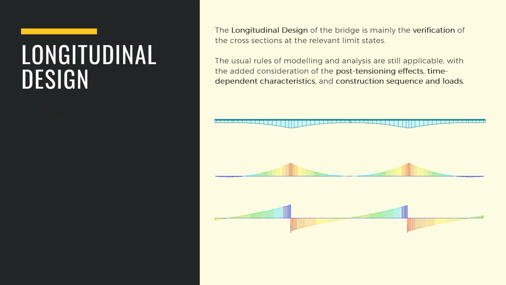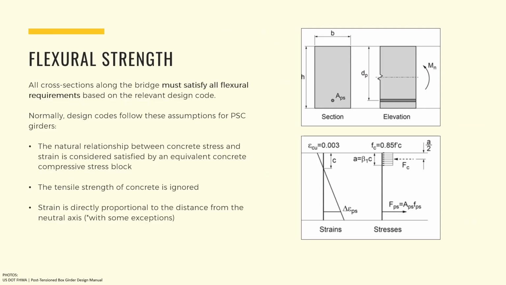Next, the longitudinal design of the bridge is the verification of the superstructure cross-sections at the relevant limit states. The usual bridge modeling and analysis principles are still applicable, but post-tensioning effects, time-dependent characteristics, and construction staging and loads are more critical. All cross-sections along the bridge must satisfy all flexural requirements based on the relevant design codes.